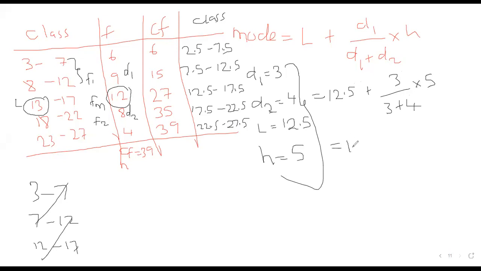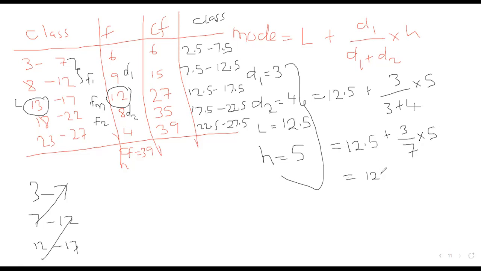So here we're going to have 12.5 plus 3 over 3 plus 4, times 5.